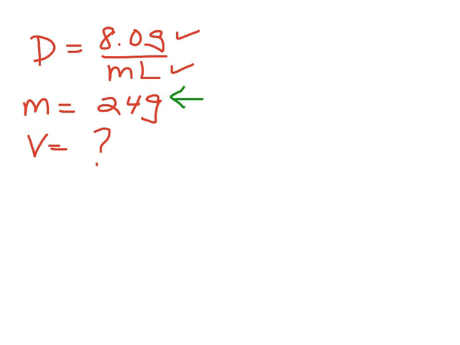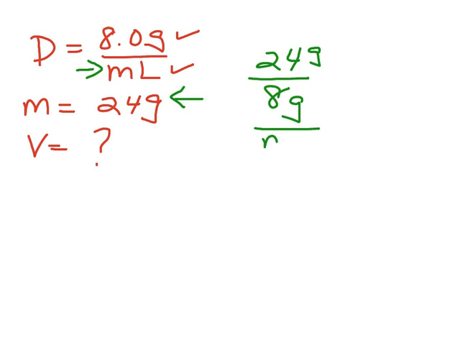Well, if we know how many times 8 goes into 24, we'll find out how many milliliters we have, because every time we count off 8 grams, that corresponds to 1 milliliter. And we know that 8 goes into 24 3 times, so that's how many milliliters we have. We have 3 milliliters in our sample.